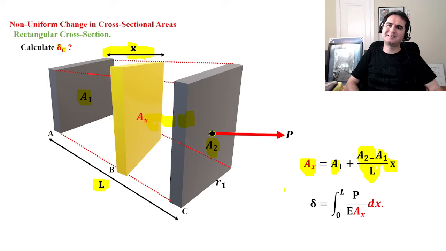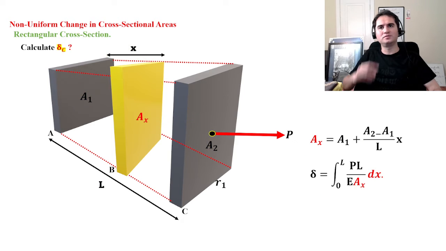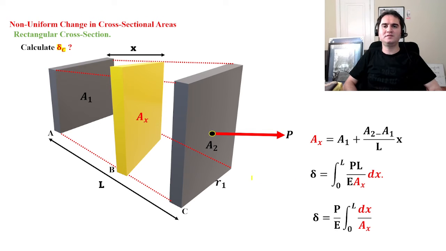So in that case, if you replace Ax in the denominator, you can easily approach the problem. If we take the constant out of the integration, delta equals P over the modulus of elasticity, times the integration from 0 to L, where L is the total length, of dx over A sub x.